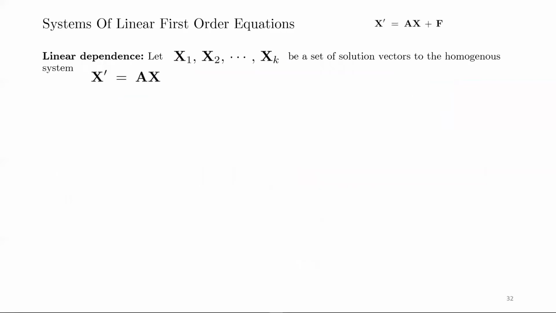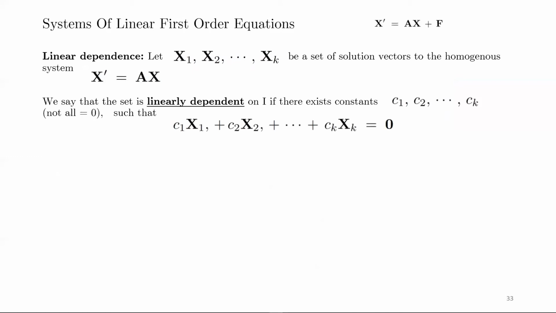If we have k solution vectors to the homogeneous system x prime equals A times x, we say the set is linearly dependent if there exist constants c1, c2 through to ck, not all equal to 0, such that c1 times x1 plus c2 times x2 plus all the way through to ck times xk equals the 0 vector. Otherwise, we say the set is linearly independent.